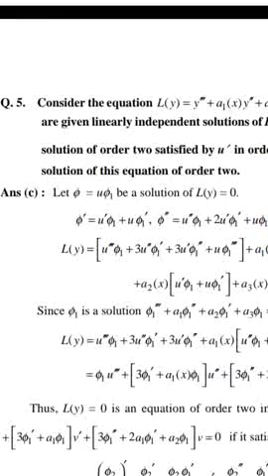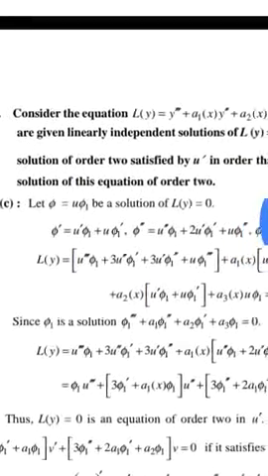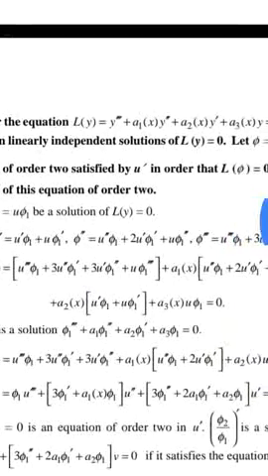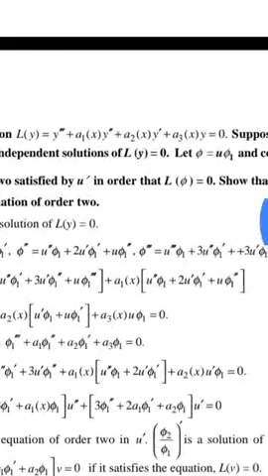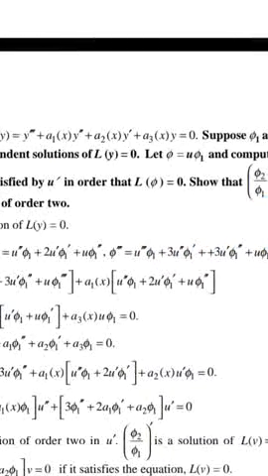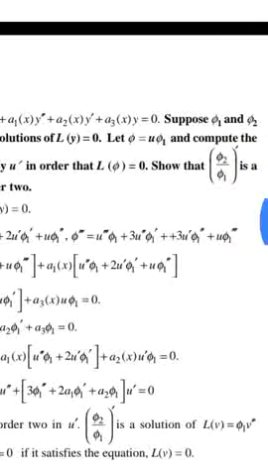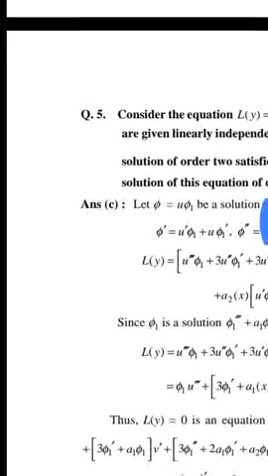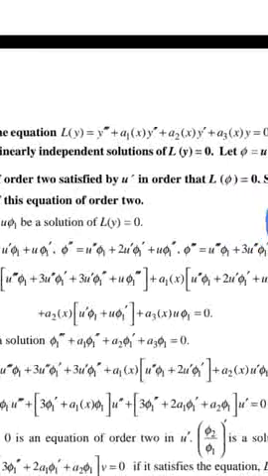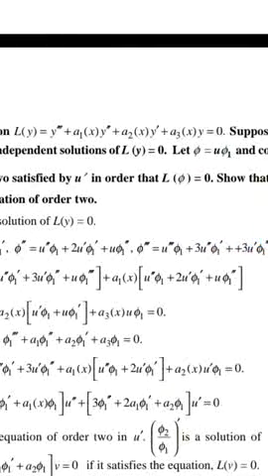Next question, problem. Consider the equation L of y is equal to y triple dash plus a1 of x y double dash plus a2 of x y dash plus a3 of x y is equal to 0. Suppose phi 1 and phi 2 are given linearly independent solutions of L of y is equal to 0.